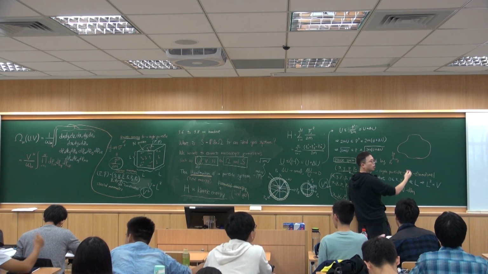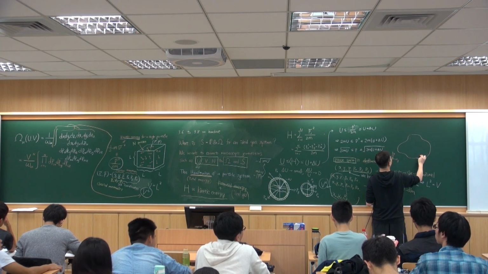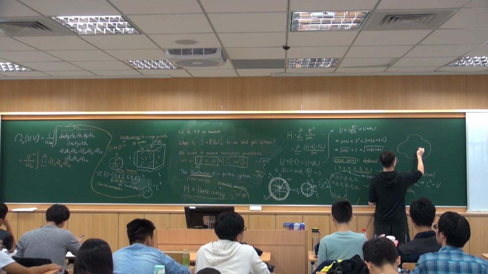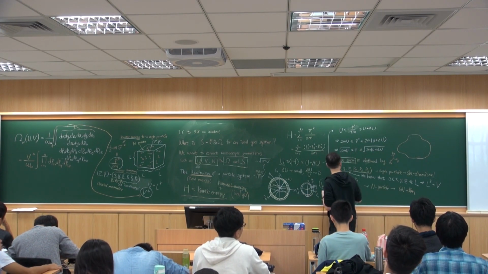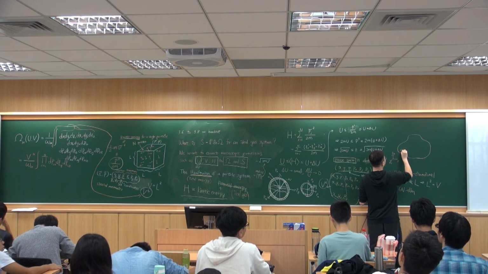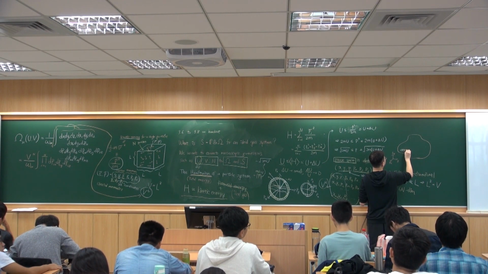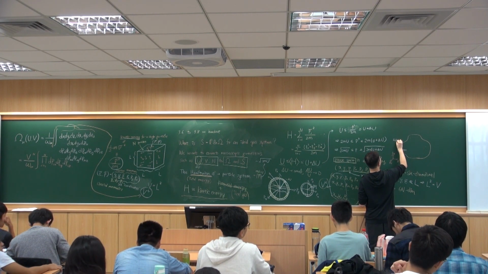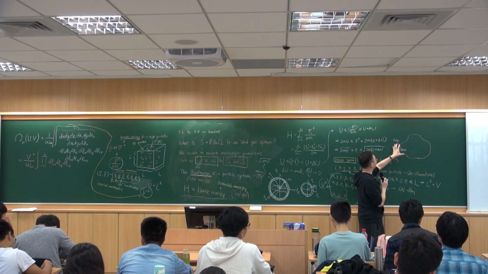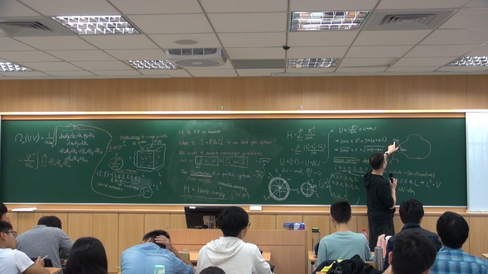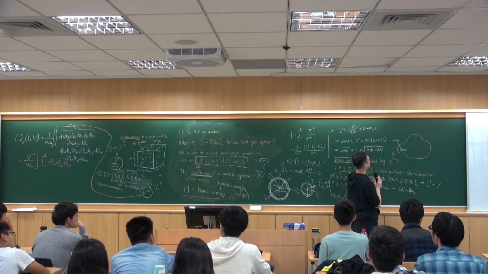So if this is the phase space that we're talking about, and these are the points that are allowed in the phase space, and if we can figure out the smallest unit for the phase space, this is omega 6n. If we divide the whole phase space by this one, then we can figure out the number of possibilities for this system.